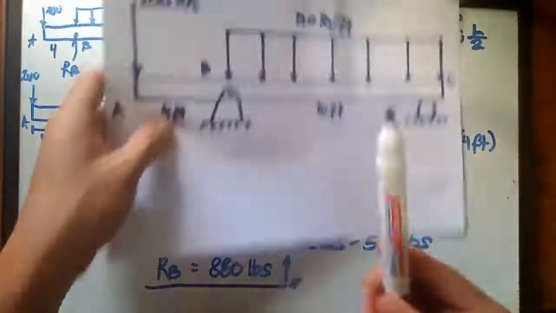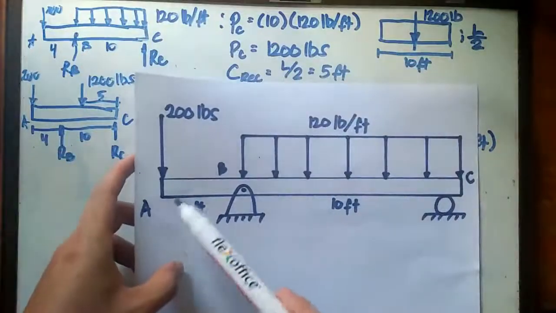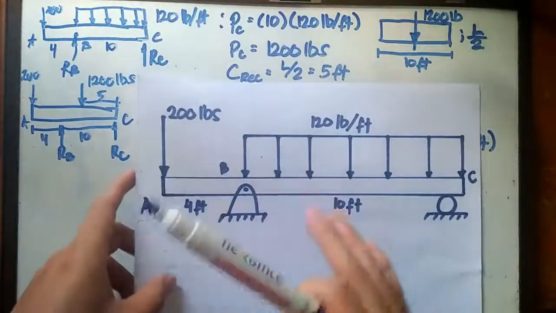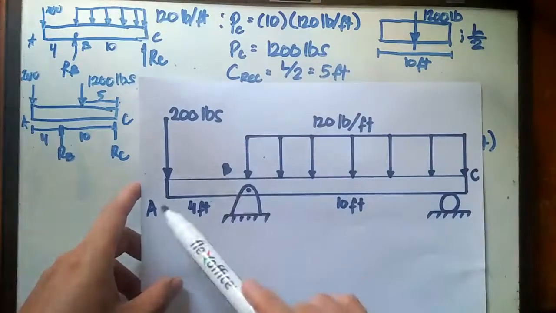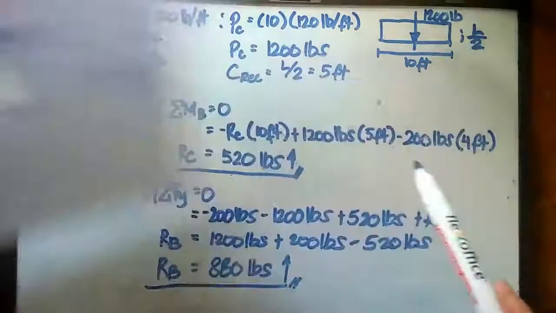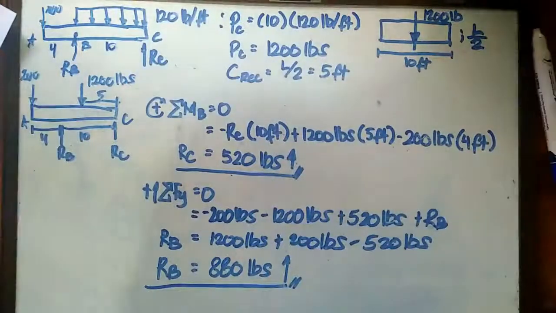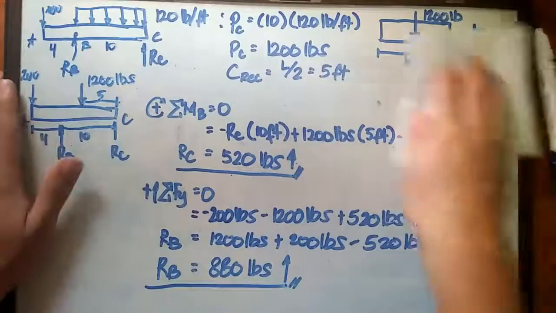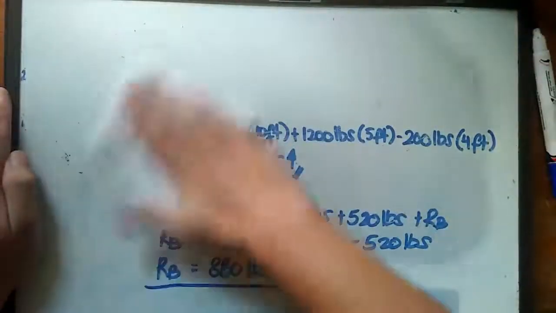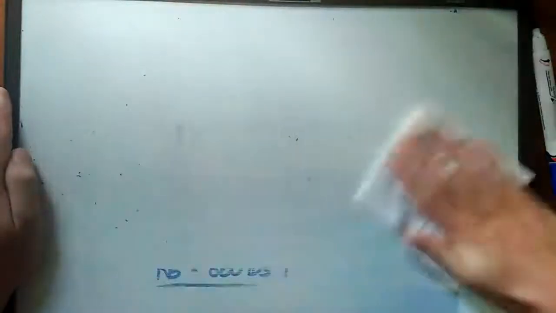Since our beam has 3 points A, B, and C, then for this case we must do the method of sections twice, here between A to B and then B to C. Okay, so upon doing that, I'm just going to free some space here in our whiteboard so that we can solve the next step for this problem. Don't forget about the values for the reactions. That is important for solving our given problem. So, out of the way.